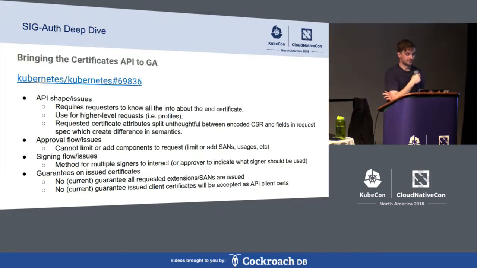So we would like to improve the visibility into the certificate stream that is coming out of this API. Some of these bullets are probably going to be solved after GA, some before, but we're looking for people to work on any of these items. I think that's everything.